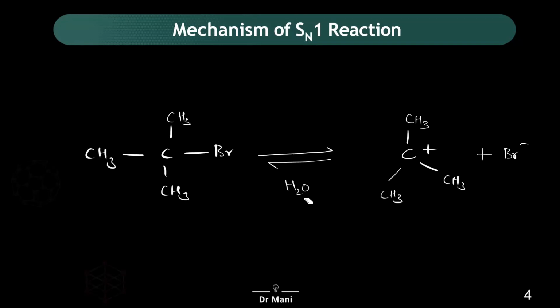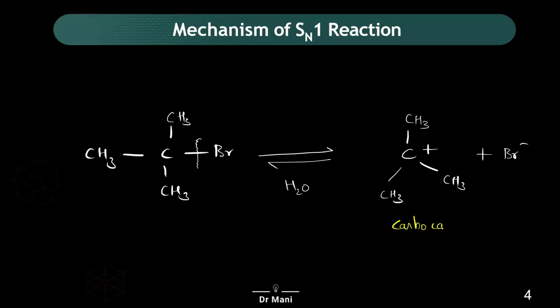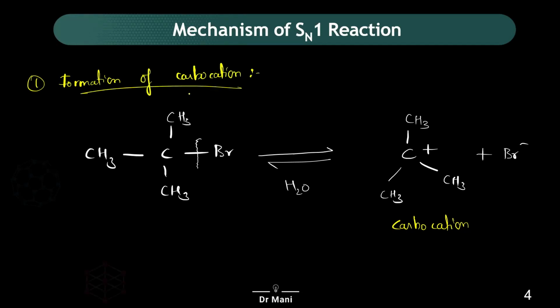When the water molecule is present, the bond between the alkyl group and the halogen breaks, and the carbon turns out to have a positive charge. We call this the carbocation. That's why the first step is named formation of carbocation. The electrons in the carbon-bromine bond move towards the bromine, so it gets the negative charge.